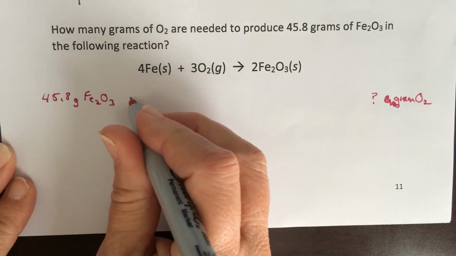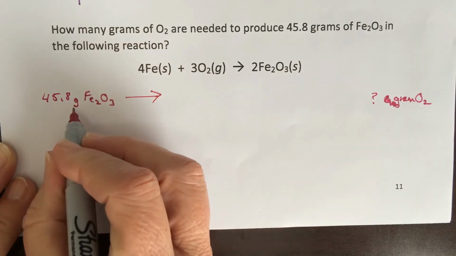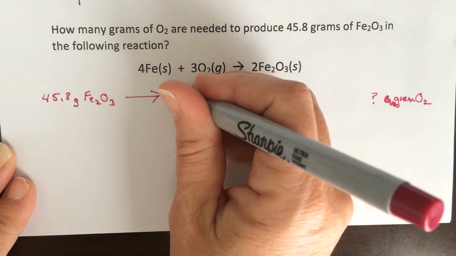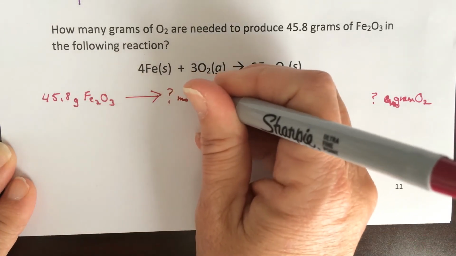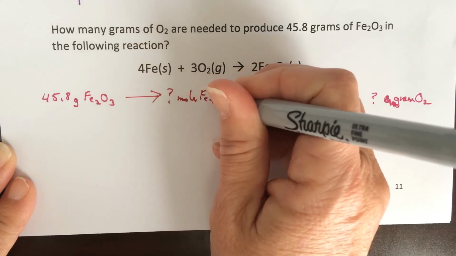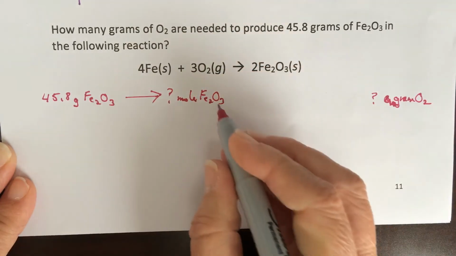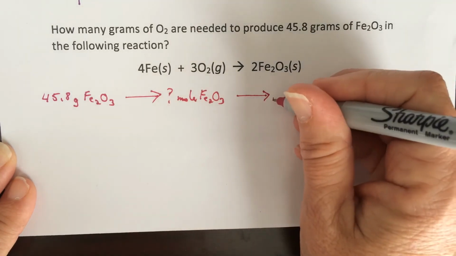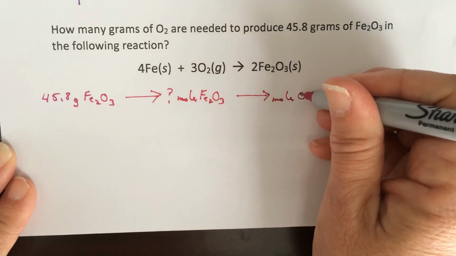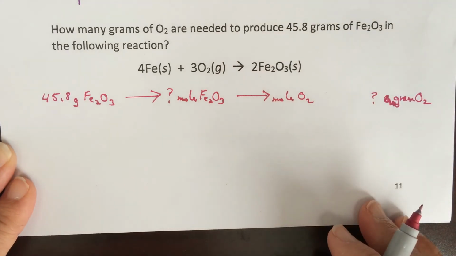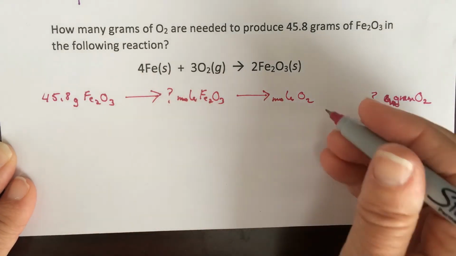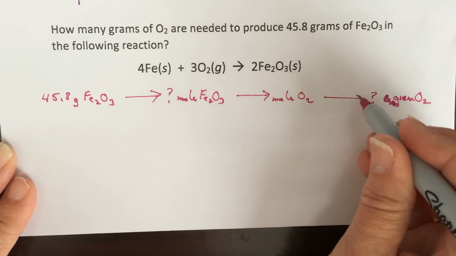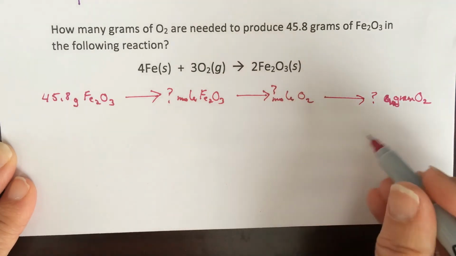We need to take our grams of iron oxide and find out how many moles of iron oxide we have. We'll take our moles of iron oxide and find out how many moles of oxygen I need to make that much iron oxide.